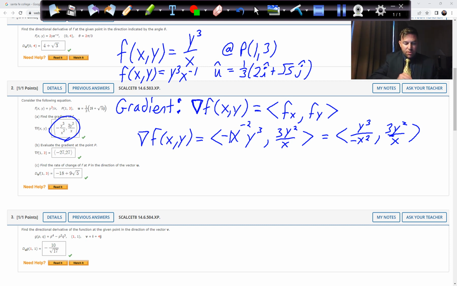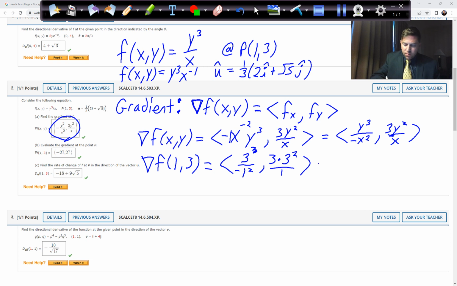Okay, now they want us to evaluate this gradient at the point 1, 3. So they say, what is the gradient when x is 1 and y is 3? Well, we just have to plug those numbers into this formula we have. So y is 3, so it's 3 cubed over x is 1, so it's minus 1 squared, comma, 3 times y squared, but y is 3, over x, which is 1.